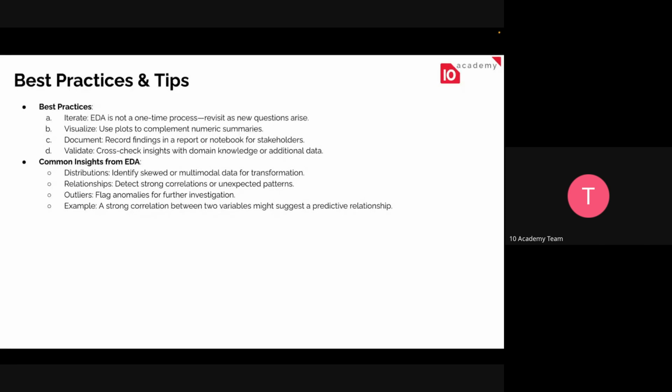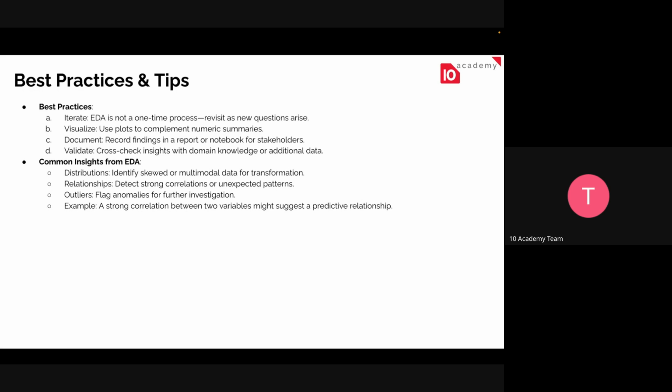So when you find outliers, of course, you have to remove them, account for them, or address them. But first, you need to understand why that happened, and address it accordingly. Okay. And for example, a strong correlation between two variables might suggest a predictive relationship.